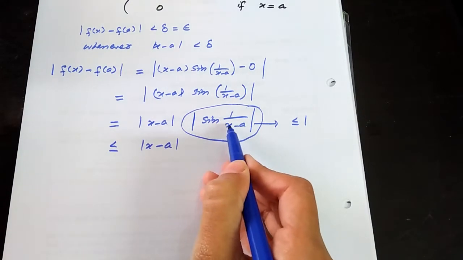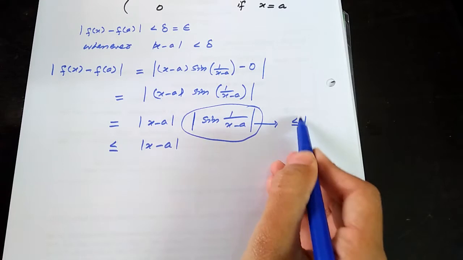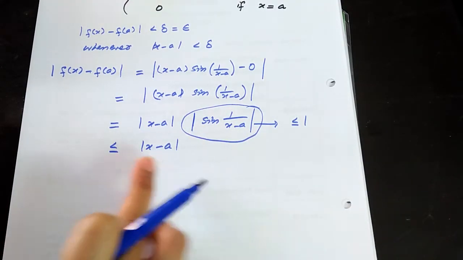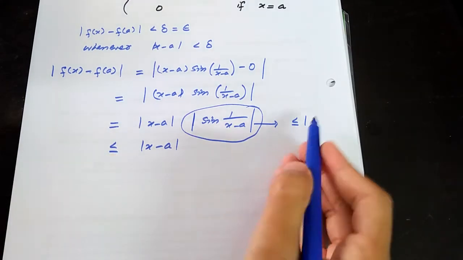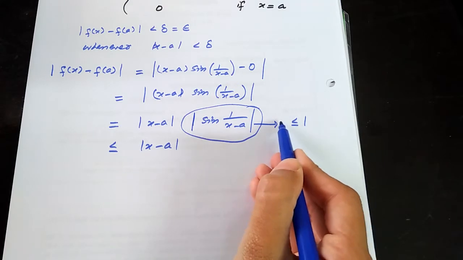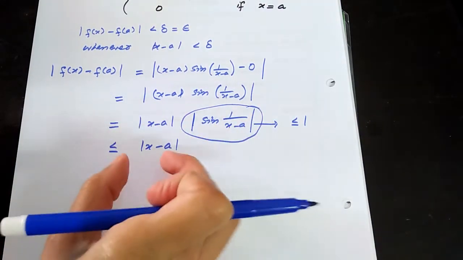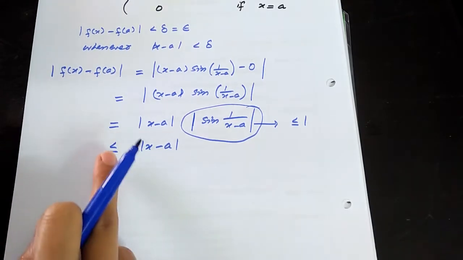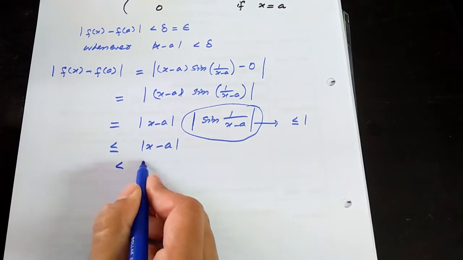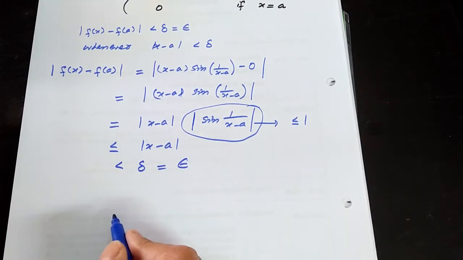If the absolute sine becomes equal to 1, then the whole thing equals this. Otherwise it is less than 1, so the whole thing is less than this main thing. So we can write it as less than or equal to mod of x minus a, and this is less than delta, equal to any constant number epsilon.